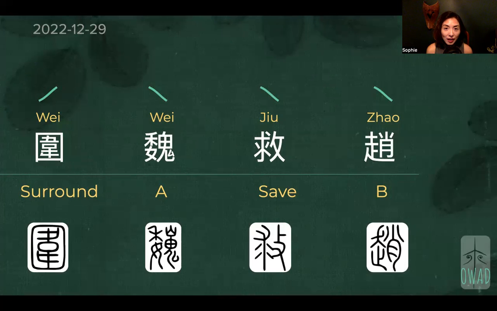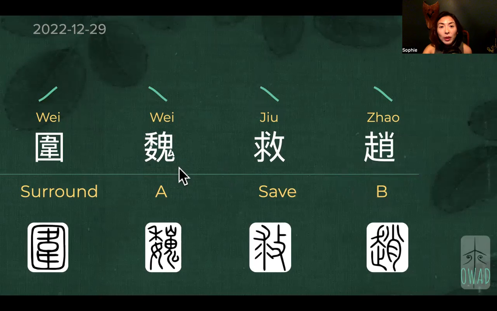So 围魏救赵 is talking about a strategy applied exactly like that. Instead of going to Zhao, where the enemy already placed their majority forces because Wei is attacking Zhao, and having a direct combat with Wei, you go to Wei, where they don't have a lot of resources left to defend their own town.